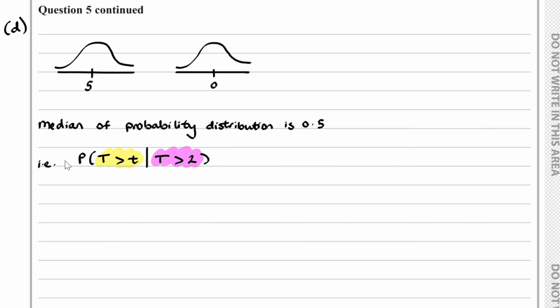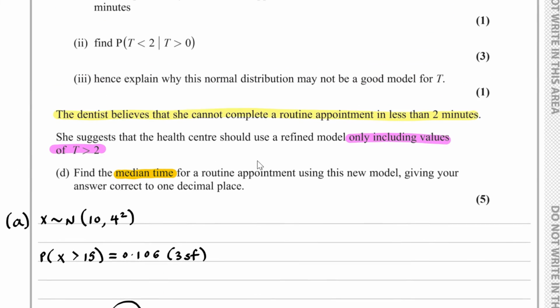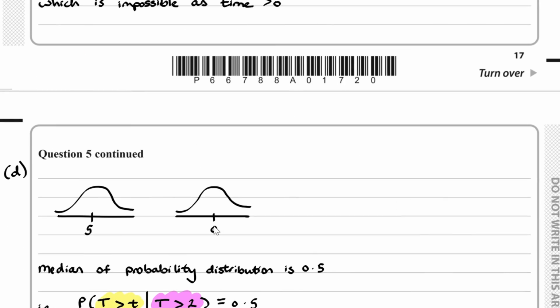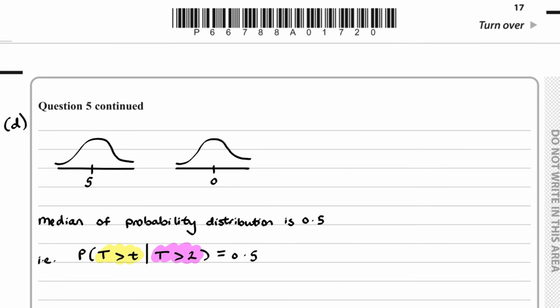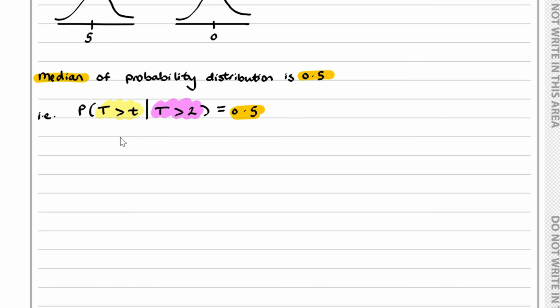She's saying it takes longer than 2. And all this is equal to 0.5, and this 0.5 comes from the idea of having a median time. So with this, we have the P of t being greater than t over P of t being greater than 2. This is equal to 0.5.